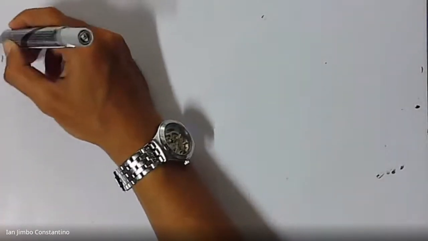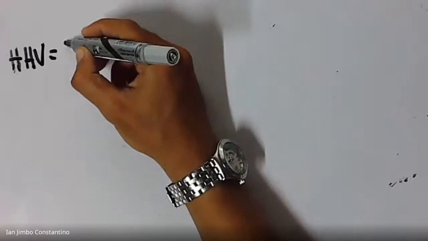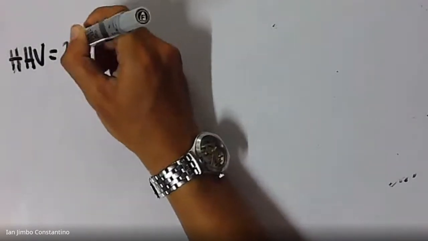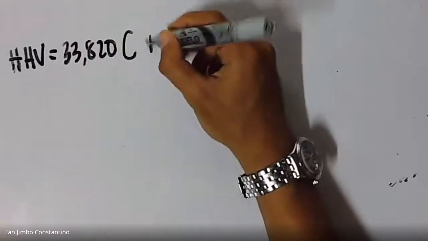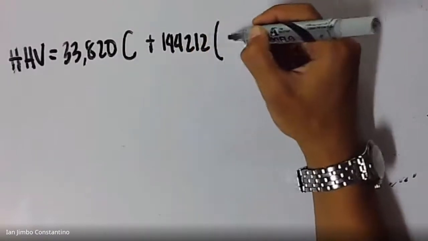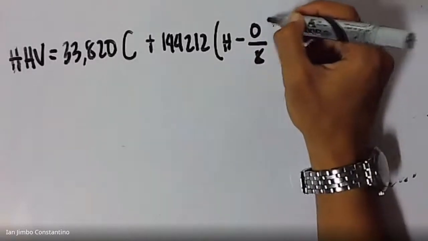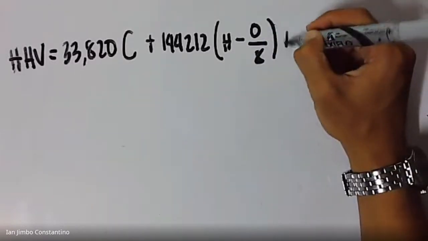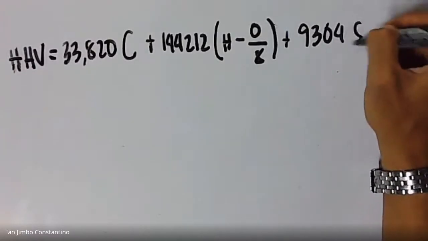So, for your HHV, or the higher heating value, that is 33,820 multiplied by C plus 144,212 multiplied by the hydrogen minus O over 8, plus 9,304 of your sulfur.